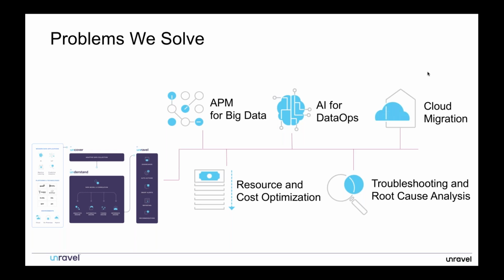And probably the easiest thing to get started with is troubleshooting and root cause analysis, right? So the Hadoop ecosystem is already complex enough. And typically what tends to happen is that you have data scientists that are very good at coming up with predictive models, writing, whether it's Java, Scala, or Python, right?